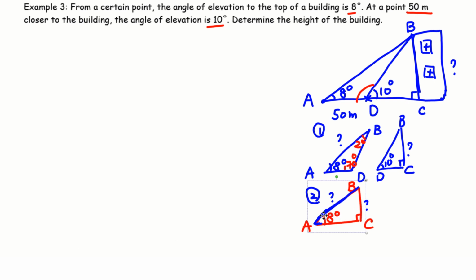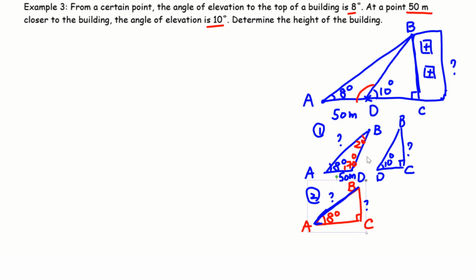So finding the common side of 2 triangles is important because you could use it for the next triangle. For the triangle ABD, we have one side given, which is 50 meters. So we are going to start with the triangle with more information given. That will be the first slant triangle ABD.